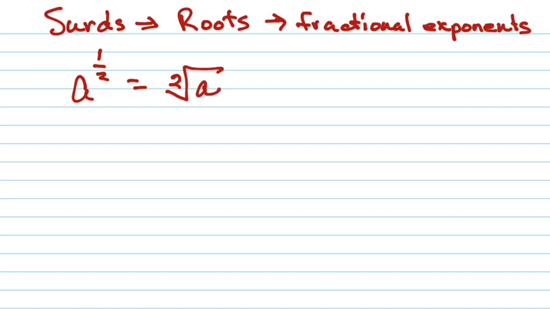Now remember with roots, okay? If it's the square root of A, the square root is the smallest root you can take. So that is the only one where you don't have to write a number for the index. The index is just assumed to be a 2. So if you don't see an index, you assume to be what root? 2. The second or square root.